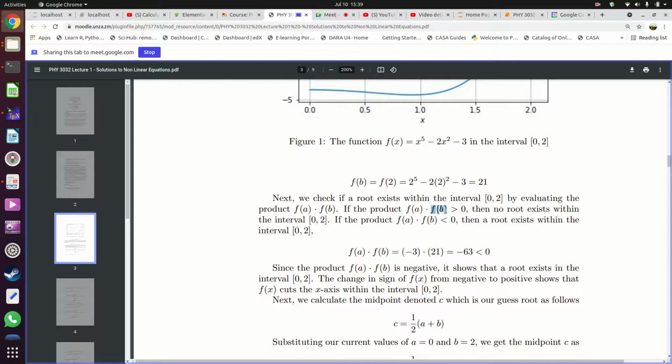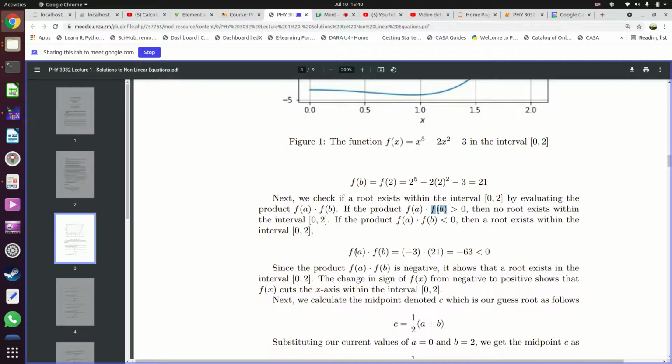That negative is showing you that there has been a change of sign from one part to the other. So somehow the function changed from negative to positive or positive to negative. It doesn't really matter what happened. But if you multiply f of A times f of B and you get a negative, then it shows that the function crossed the x-axis in this particular interval.